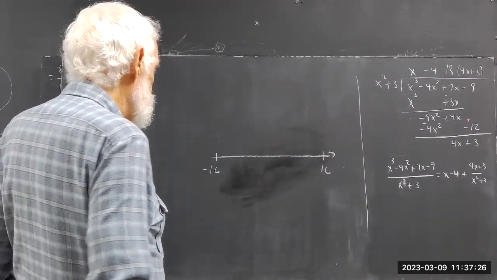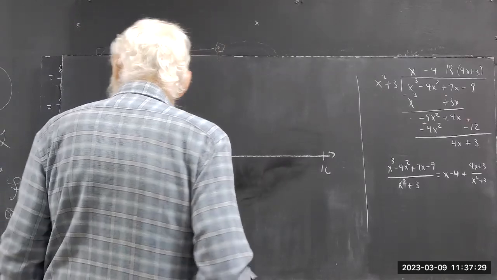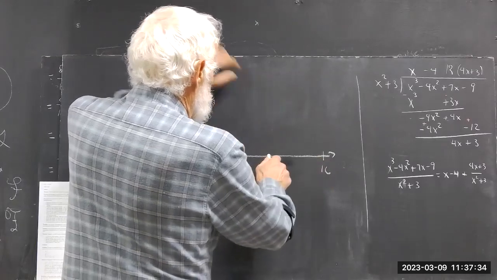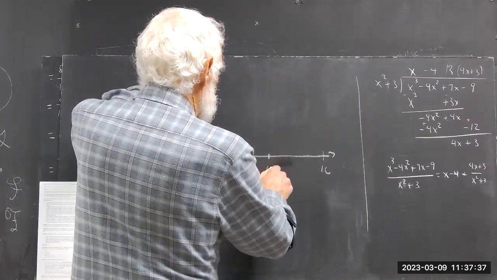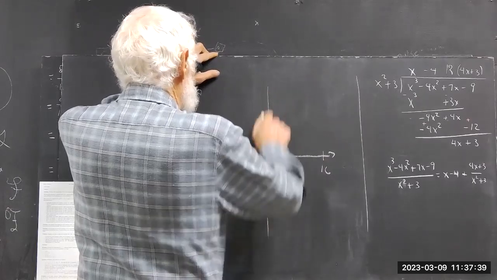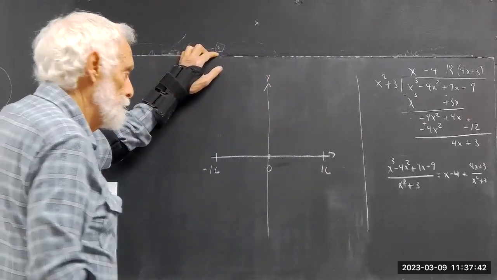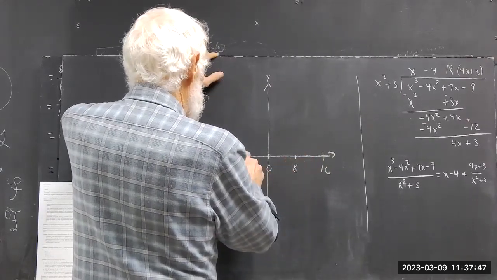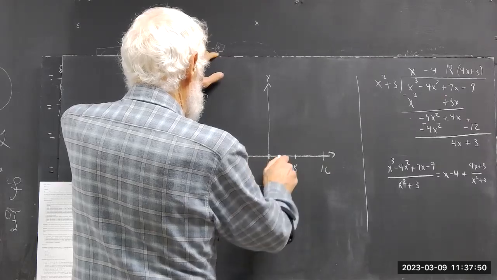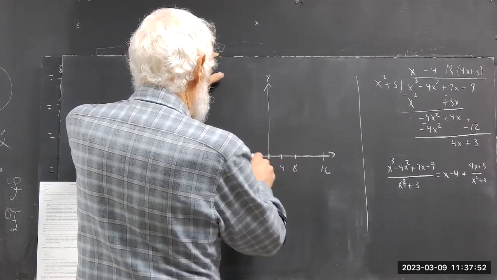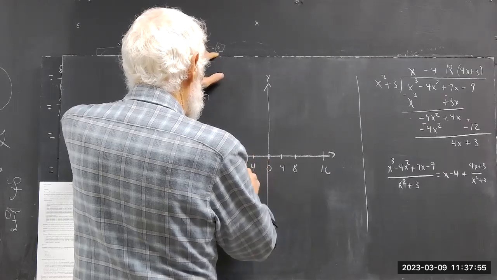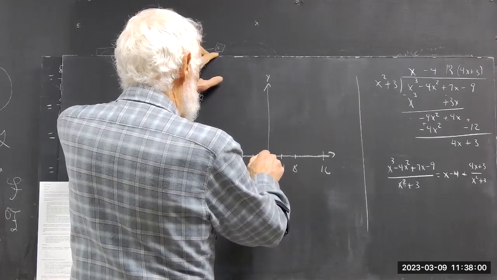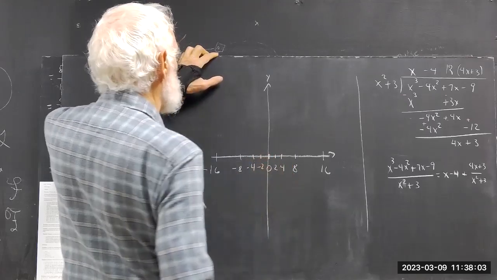Well, that's the x-axis. Divide this interval in half. And of course, there's where 0 is, so now I know where my y-axis is. Then divide this interval in half, I get 8. Divide this one in half, I get -8. Divide in half again, I get 4. -8, -4 here. 2 here, -2 here.